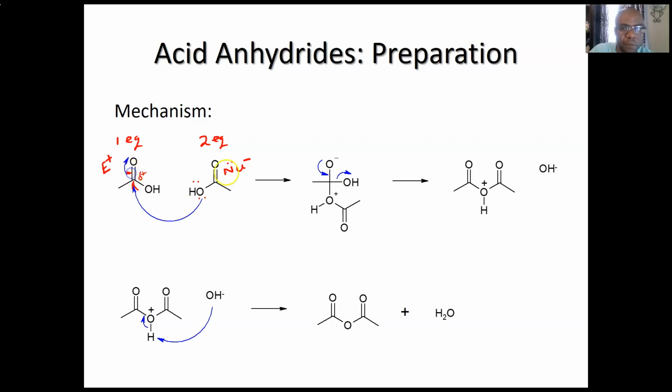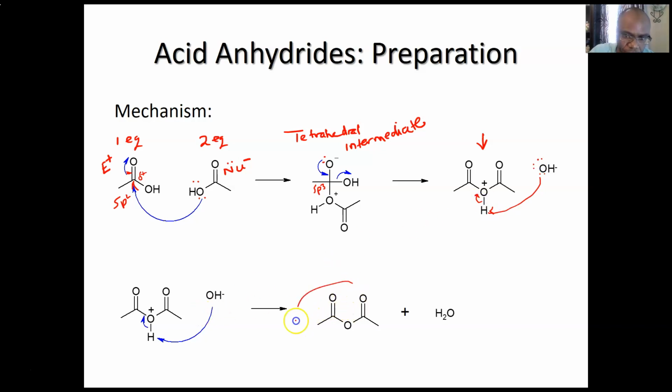Pi bond opens up. You end up with an sp3 intermediate. I'll keep telling you that this tetrahedral intermediate is very important for the reactions in this chapter. So you started with an sp2 carbon center, now you have an sp3 carbon center. This oxygen comes down and then the OH leaves, you get what looks like an anhydride, but because the OH that left is a good leaving group, you'll expect that this will be taken out, that will be neutralized.